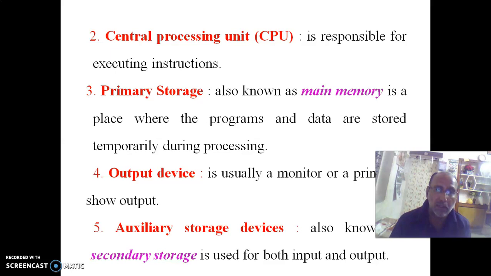An output device is usually a monitor or a printer to show output. Next, auxiliary storage devices, also known as secondary storage devices, are used for both input and output.